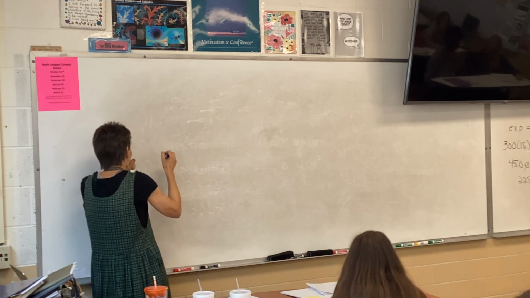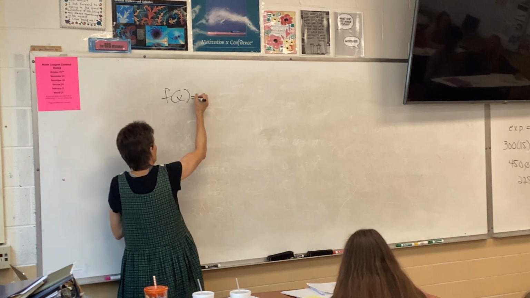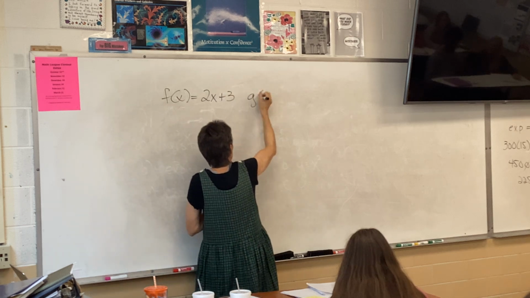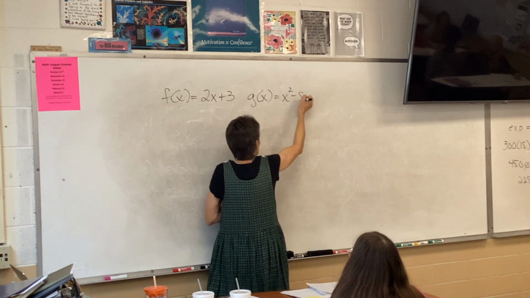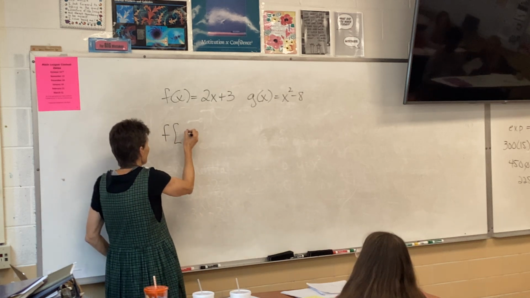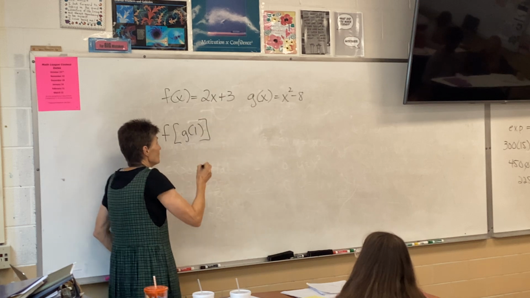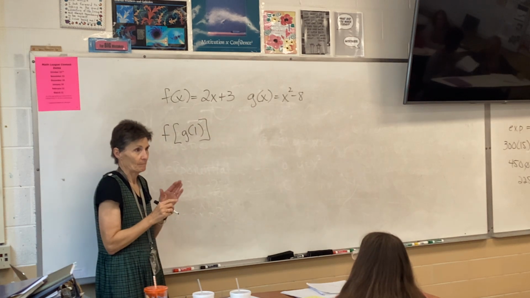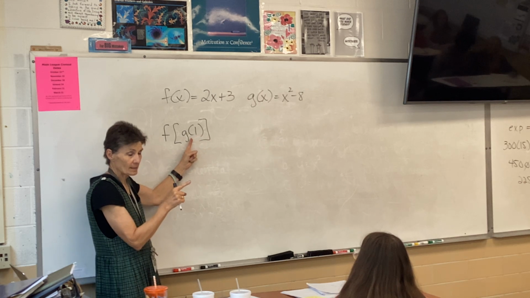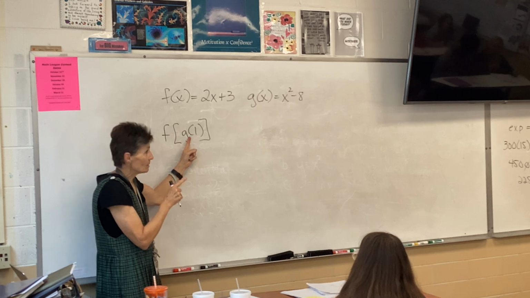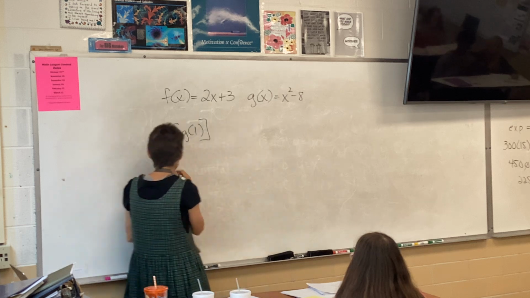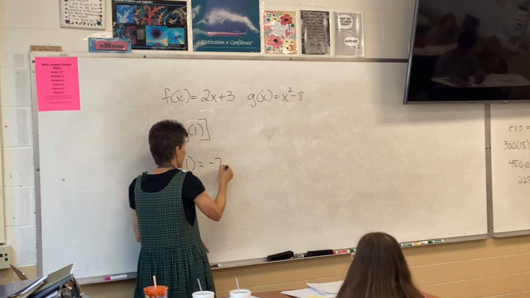So let me just quickly recap what we were talking about yesterday in terms of composition. So I have 2 functions. If I have f of g of 1, what does that mean? It means 1 goes in to g. So if I put 1 in for the x's in g, what will I get? -7.